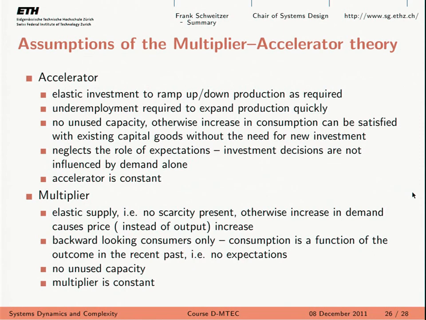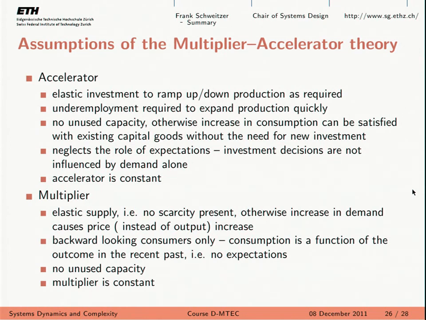Another thing is there must be no unused capacity. So all capacity must be utilized at all times. Why is that? Well, if there is unused capacity, let's say 5 of your factories are not working, when you see a differential in consumption or a differential in output, you will not make new investments to build new capacity.